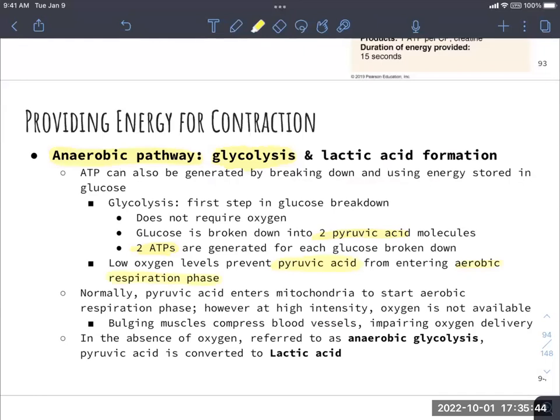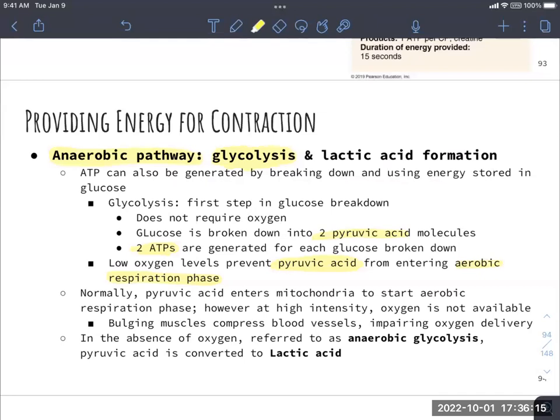Pyruvic acid will enter the mitochondria and start aerobic respiration. But at high intensity, so sprinting or lifting really heavy weights, oxygen is not available. If you're lifting heavy weights, your muscles are contracting and bulging and they're compressing blood vessels. So that's what causes oxygen to not be delivered as quickly to these muscles.